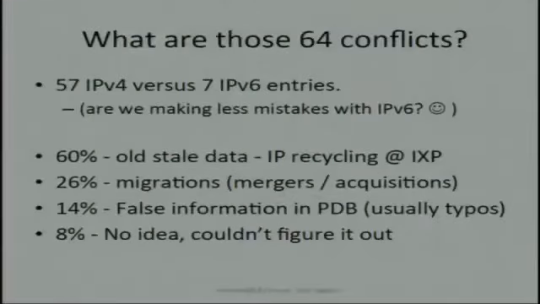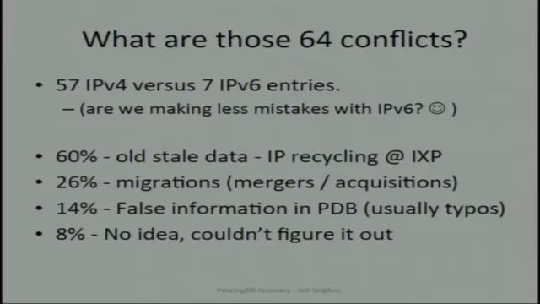The company left an internet exchange, and the internet exchange then recycled the IP address and gave it to a new party. And you could kind of figure this out by looking at the dates of when the last update was done to a PeeringDB record, or look at which AS number was higher or lower. So old stale data is something we as admins need to figure out how we can persuade people to update.